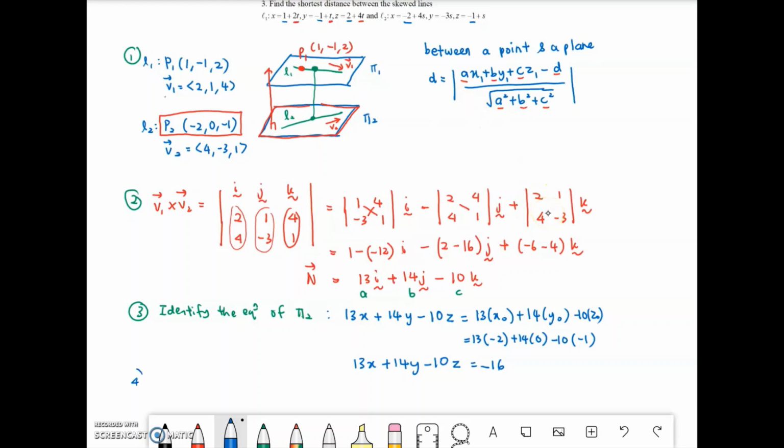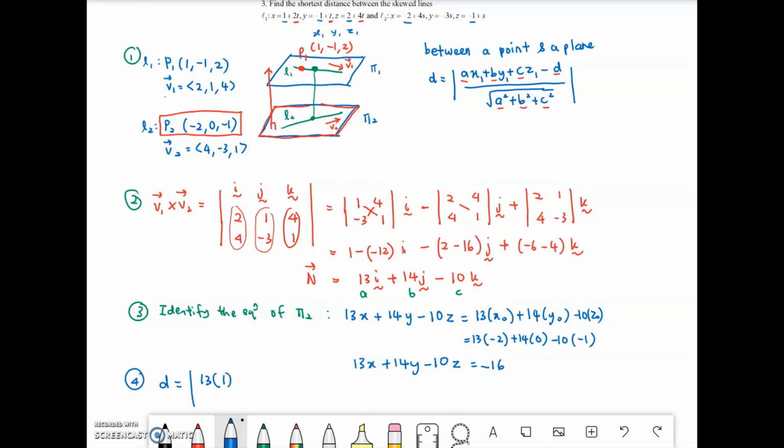Now that we have this equation of plane 2, we can solve for the shortest distance, where d is equal to our ax plus by plus cz, which is 13 times x1, where x1 is taken from this point P from plane 1.